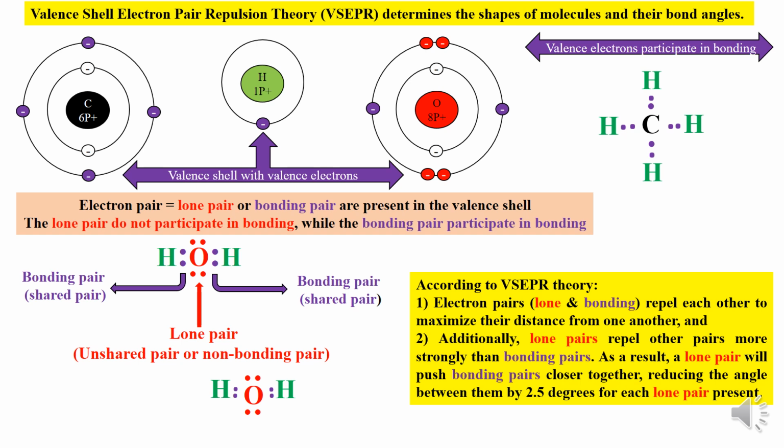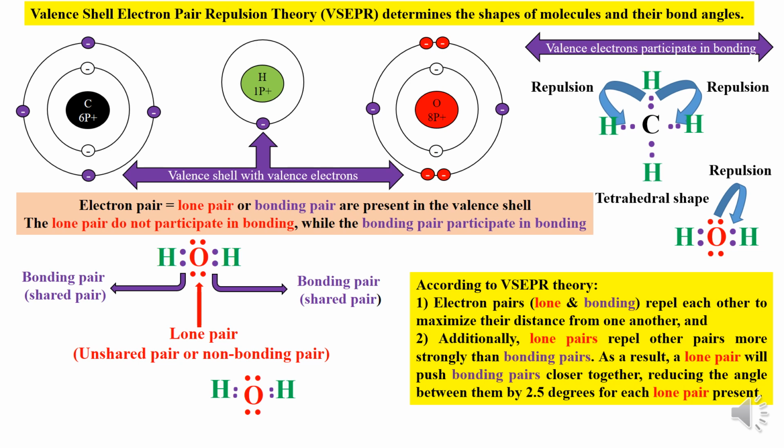And I'll explain this part later in the video, with respect to the decrease in bond angle in a particular molecule and how the lone pair influences the bond angle. So after the bonding, there is the generation of bonding pairs, and it is the repulsion between these bonding pairs, or the repulsion between the lone pair and the bonding pairs, that gives the shape to the molecule.